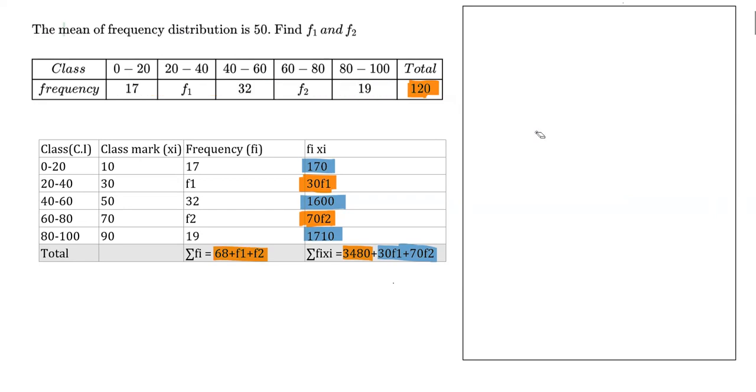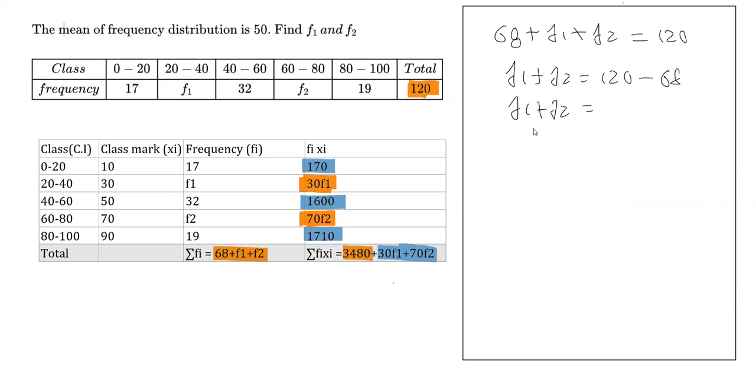So we'll write this as 68 plus F1 plus F2 is equal to 120. On transposing, F1 plus F2 will give you 120 minus 68. That means F1 plus F2 is equal to 52. So I'm marking this as equation 1.